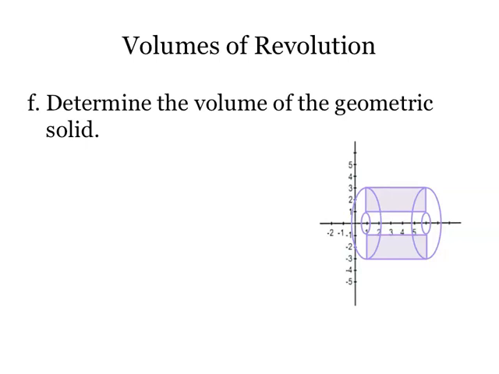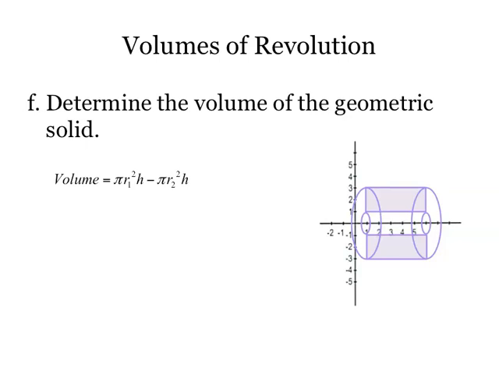So the area of the base, pi r squared, times the height of the cylinder. So let's start with the larger one. The radius of the larger cylinder is going to be 3. So pi times 3 squared times the height of the cylinder, which is 5. We're kind of looking at it sideways.